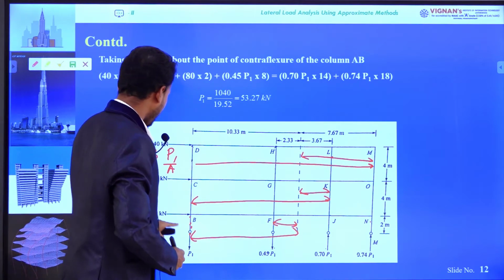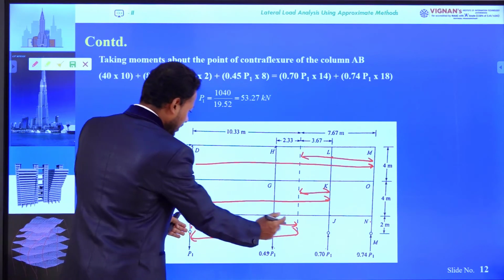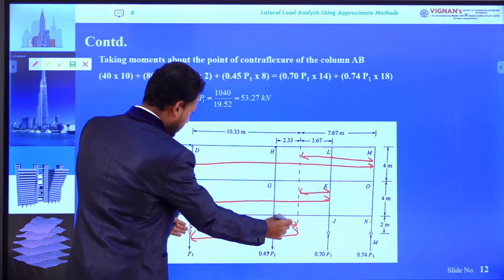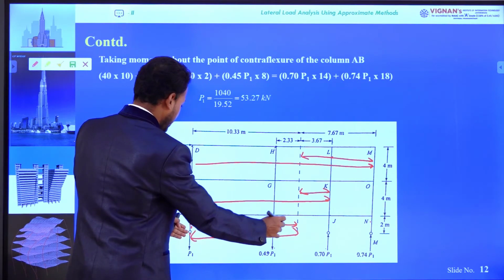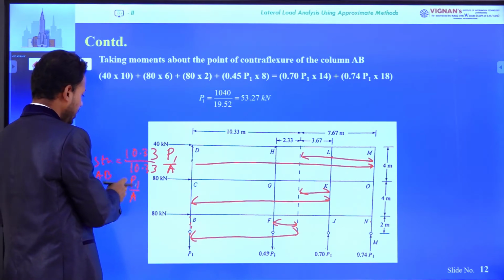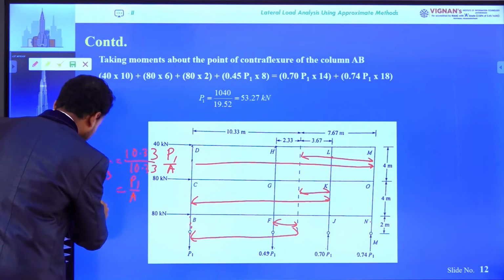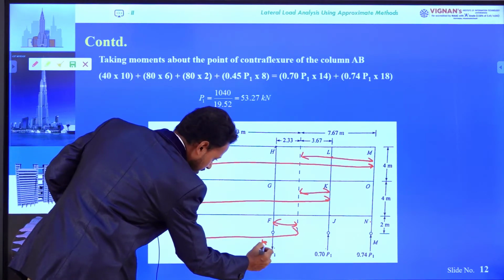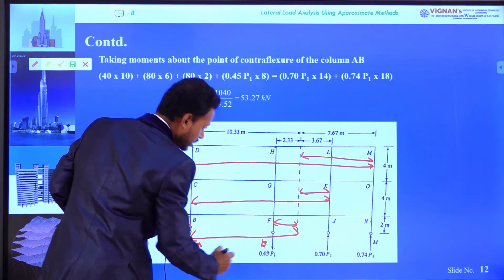So for AB I have calculated the distance between that particular column to centroidal axis and the left side to centroidal axis, that is the same 10.33 by 10.33. So we get stress in AB is P1 by A. Stress in EF, this is E point, this is A point.